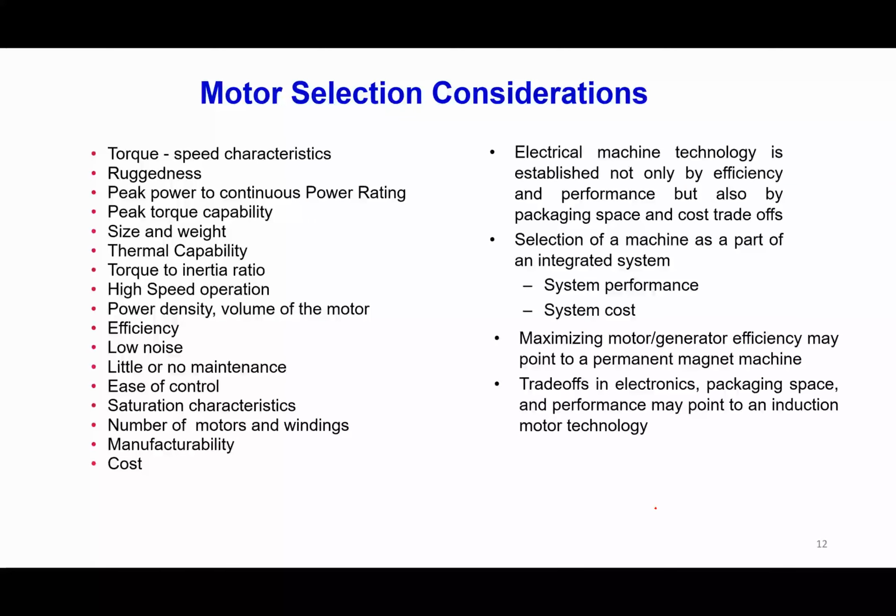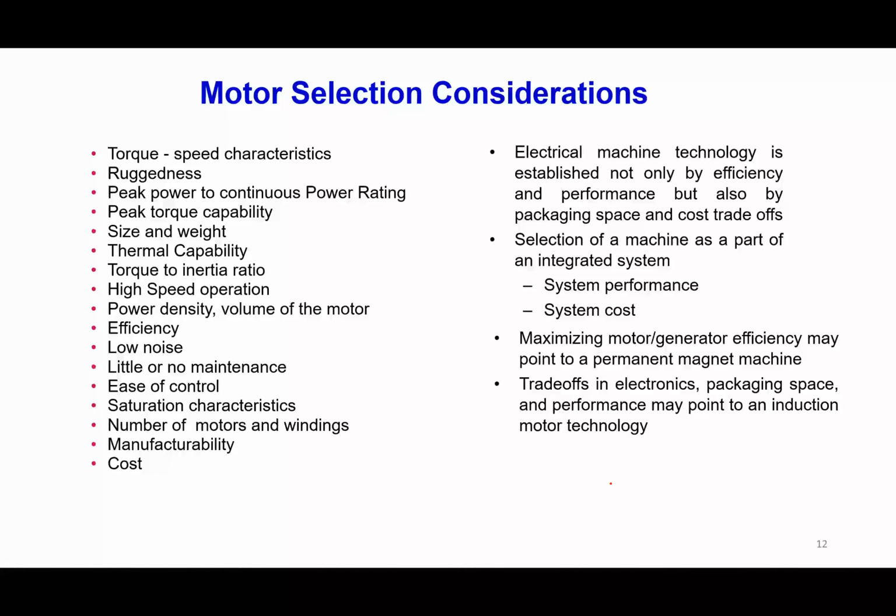So what are the considerations for selecting the motor? We need a motor which has good torque speed characteristics. It should be rugged, and it should be able to operate at a higher peak value, at least for a few minutes or seconds, depending on the application, with respect to the continuous power rating.